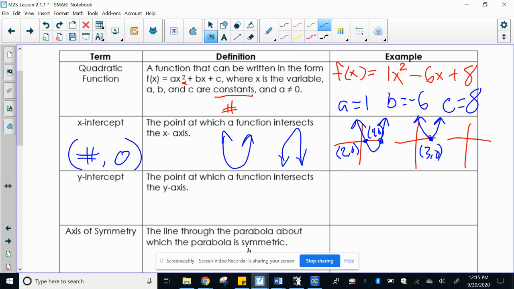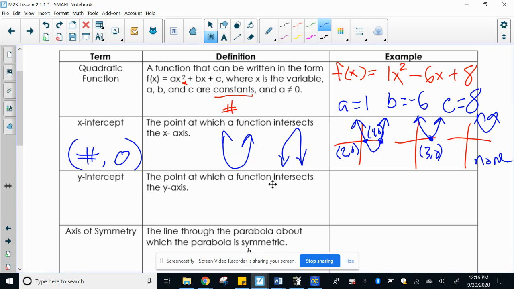We could have 1 x-intercept where it only touched once. Or our third option, it could never cross, where there are no x-intercepts. Here I'm just going to write none. So a quadratic function can have a max of 2 x-intercepts, or it could have none. So it could have 0 x-intercepts, 1 x-intercept, or 2.